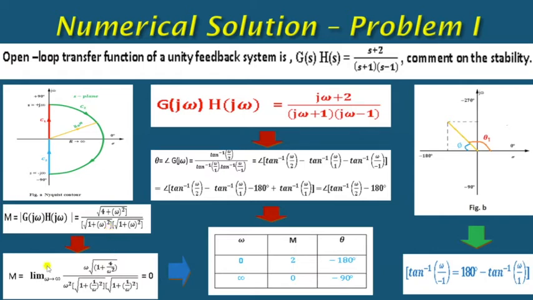That's why we take omega common from the denominator and numerator. That means omega root over 1 plus 4 by omega square. Similarly, omega common from this part and another omega common from this part, so this is omega square. Then we get 1 plus 1 by omega square, and this is also 1 plus 1 by omega square.